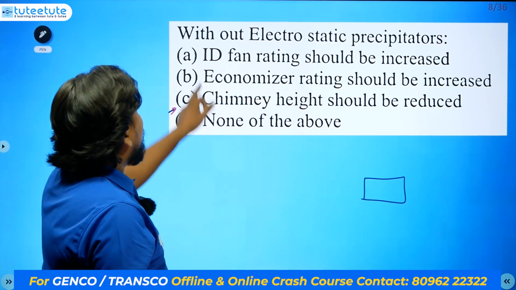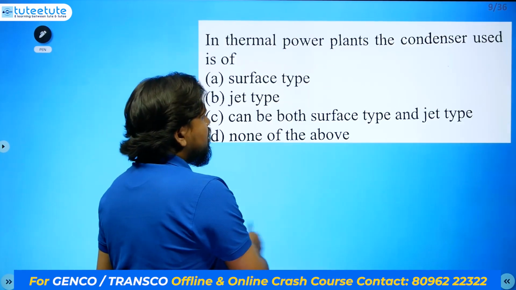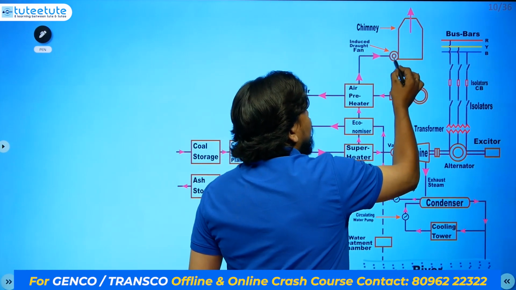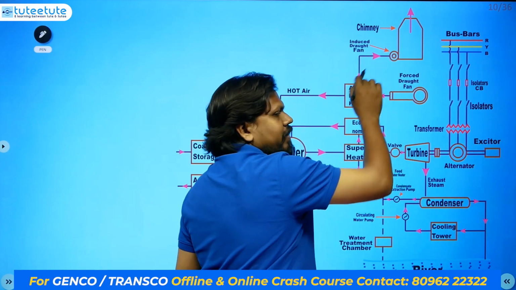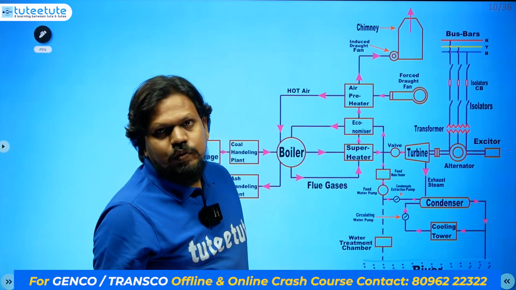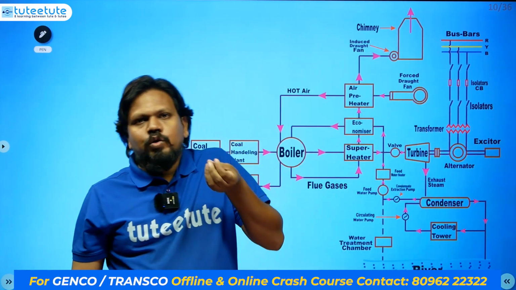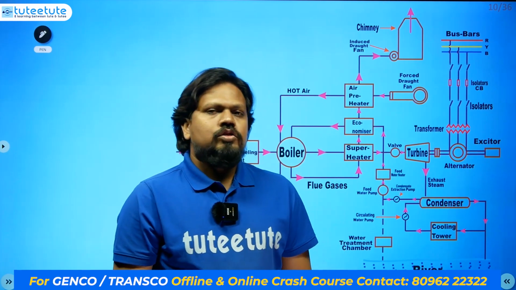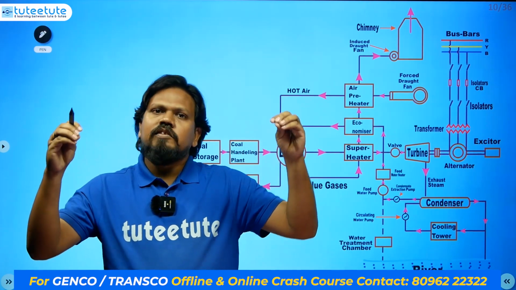ID fan rating should be increased. What is this ID fan? Whenever the ID fan rating is increased, the force on the output coming out will definitely be increased. That means with more force the gases will be going away from the chimney, reaching a certain height easily, and then flying away.